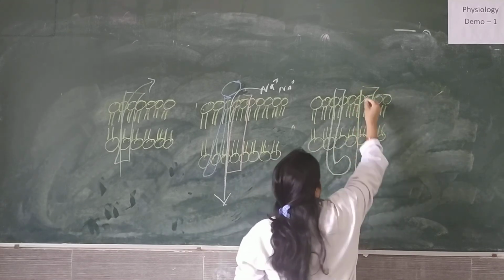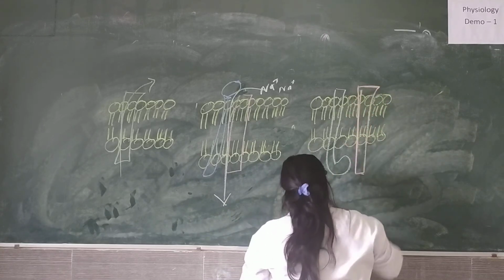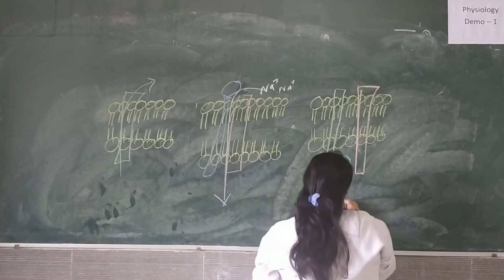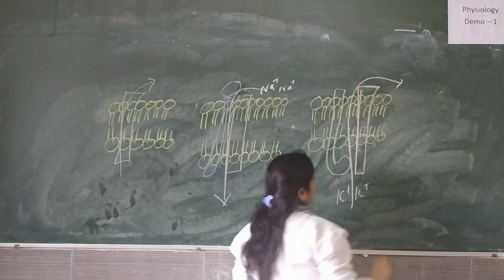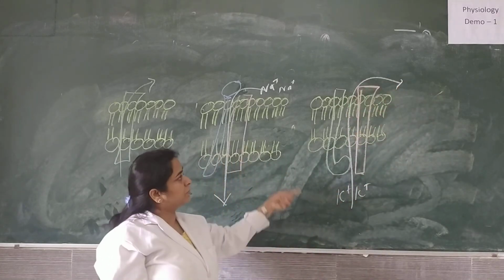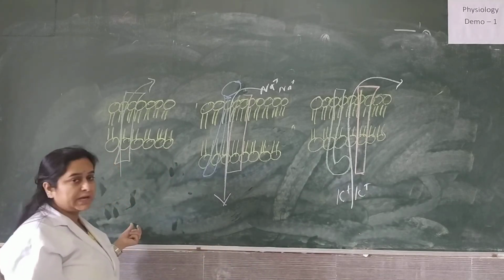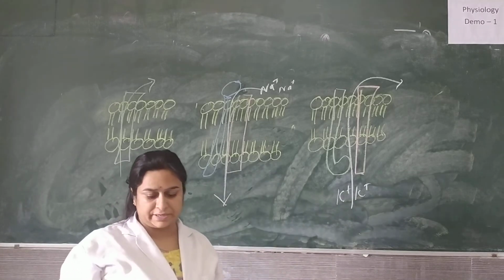When this gate opens, potassium ions will leave from inside the cell towards the outside. So this was about leaky channels and gated sodium and potassium channels.